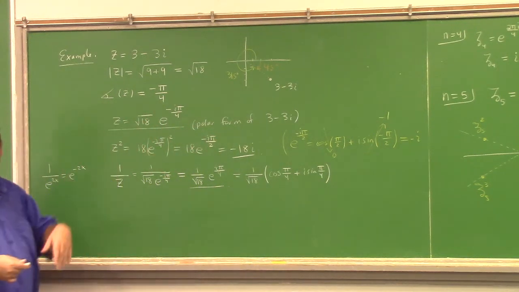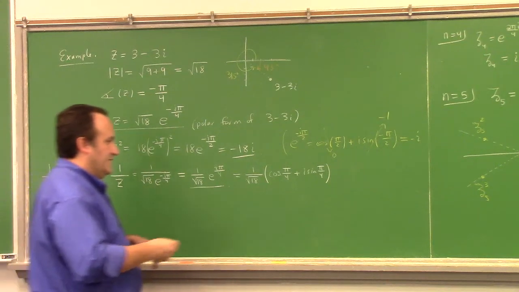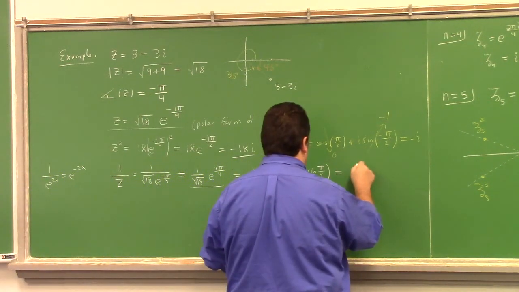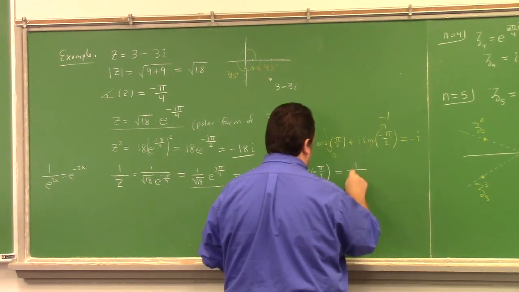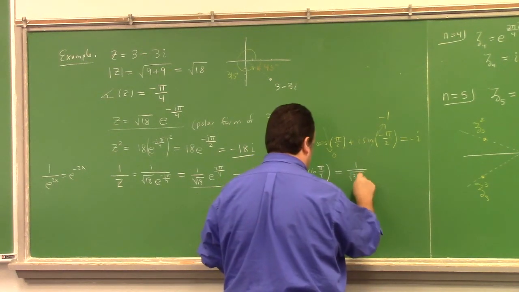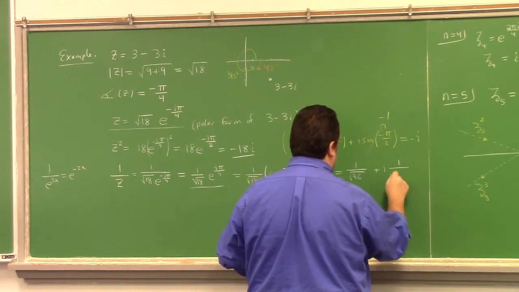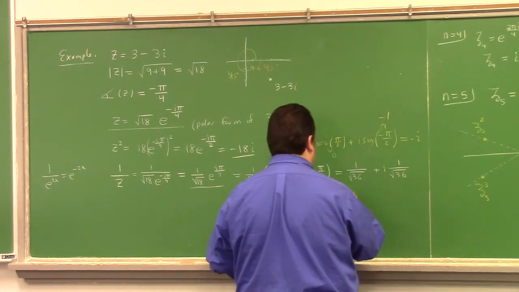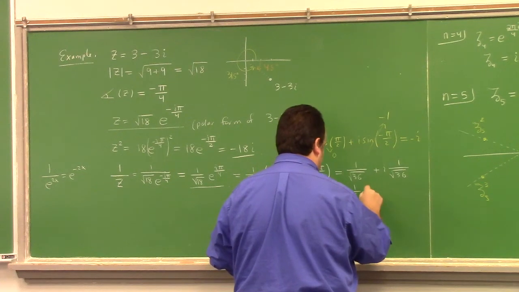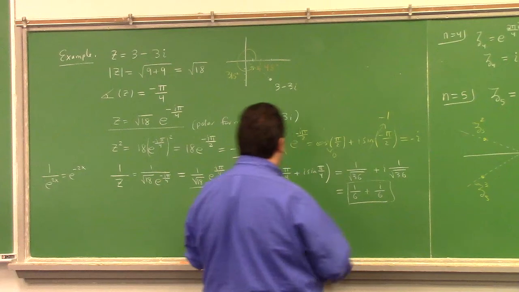And of course, you know what those are, right? 1 over root 2, 1 over root 2. So explicitly then, this is 1 over the square root of, what's 2 times 18? 36, plus i, 1 over the, hey, that's kind of cool. Look at that. So apparently 1/6 plus i over 6 is the Cartesian form of this.